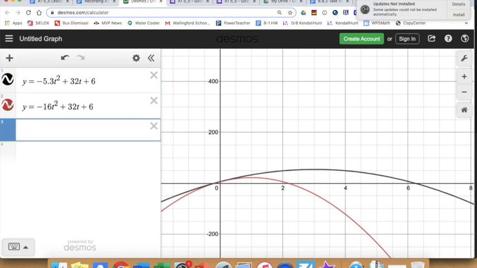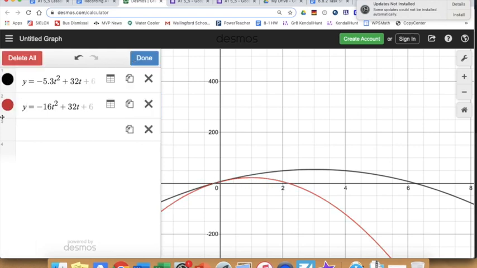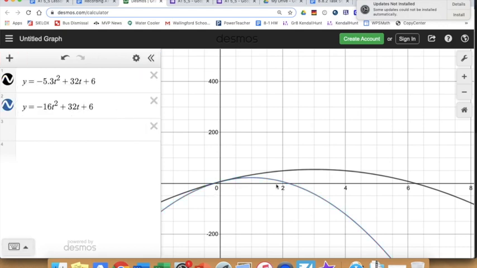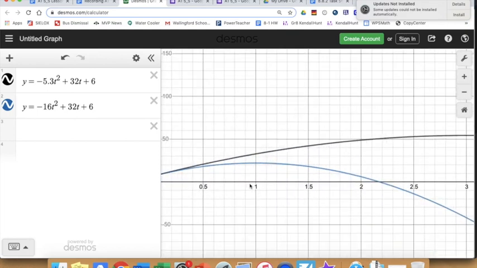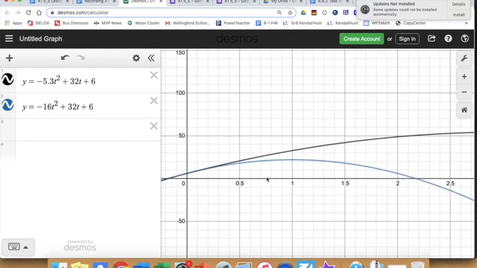If your graph doesn't show up and an exclamation point shows up, just try to read that and see if it makes sense. That didn't really make sense to me, but just use a y. Okay, so now we see that this Earth graph, this red graph, I'll make it blue to match, seems to have a much sharper curve. It goes down a lot faster. So that rock, if you throw a rock at 32 feet per second straight up, it doesn't seem like a terribly fast throw.